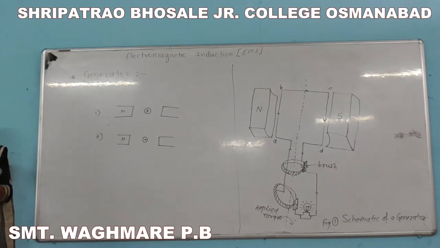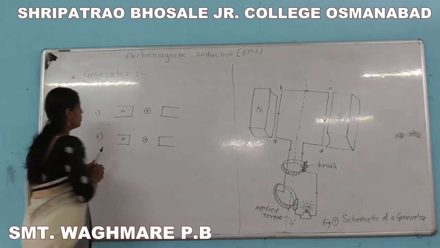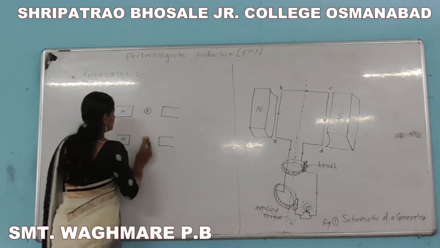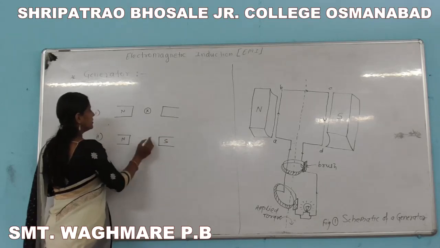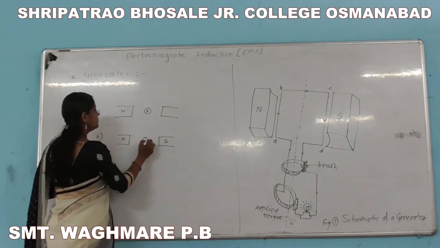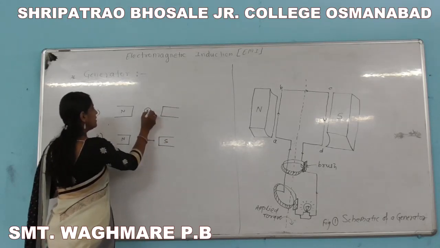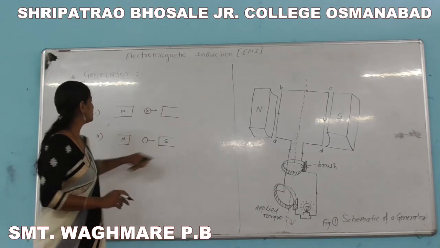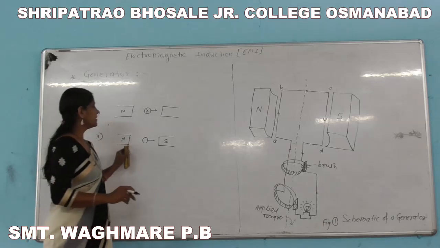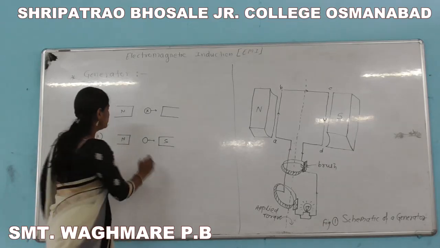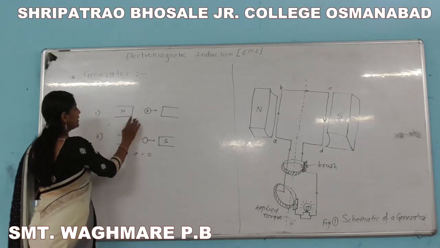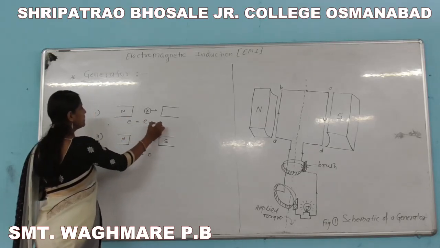There is no induced EMF, so in the second case we can observe there is no EMF induced in the coil. In the first case the maximum EMF will be induced in this coil. In the second case no EMF will be induced in the coil. E will be equal to 0. Here E is equal to E maximum.